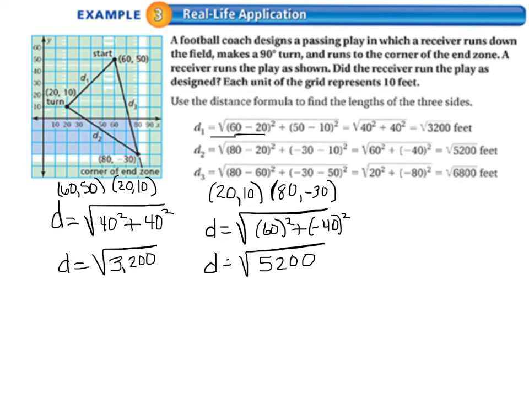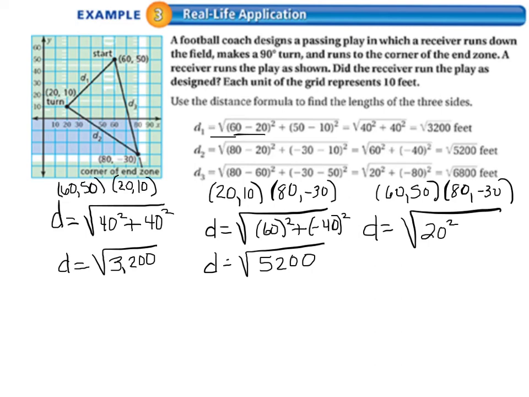Last, we have to connect the starting point to the end zone to get the third side of the triangle. So we have 60-50, and we have 80-30. Subtract your x's. 80 minus 60 gives you 20 squared.